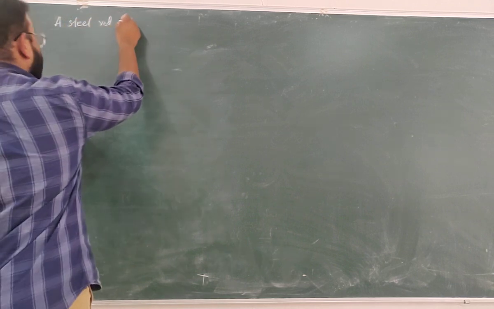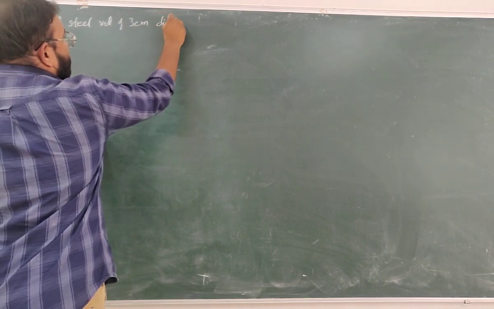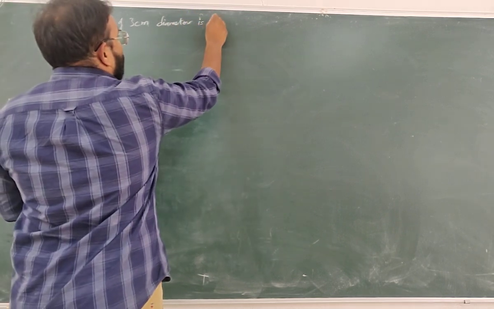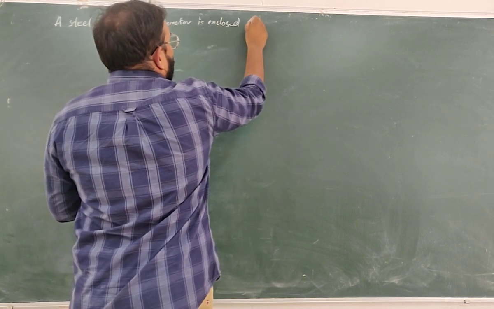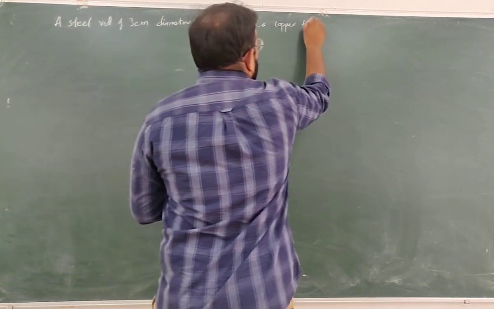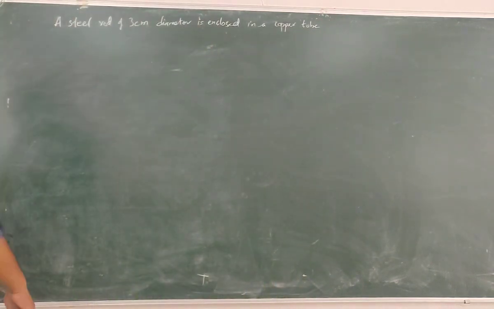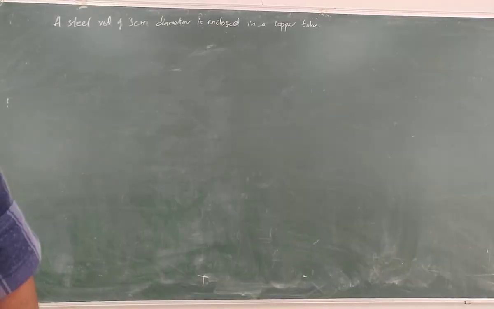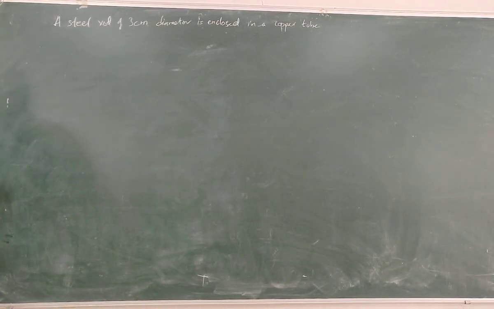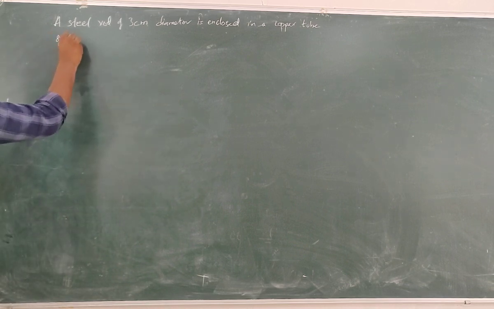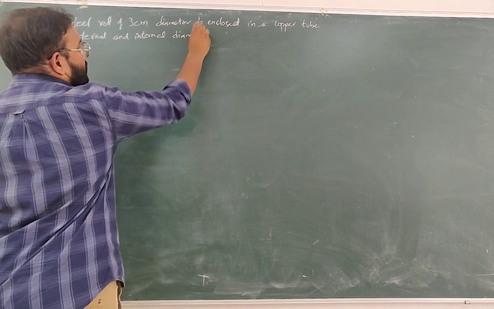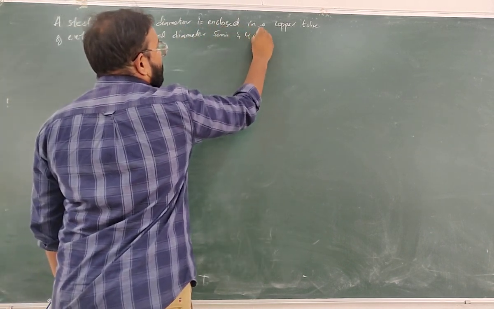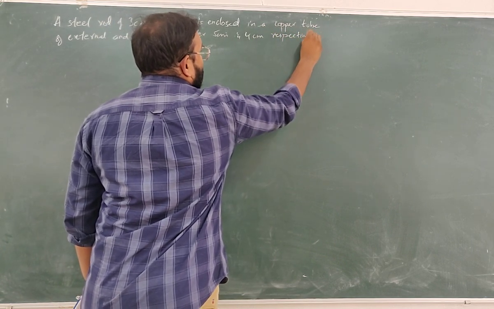A steel rod of 3 centimeter diameter is enclosed in a copper tube of external and internal diameter 5 centimeter and 4 centimeter respectively.